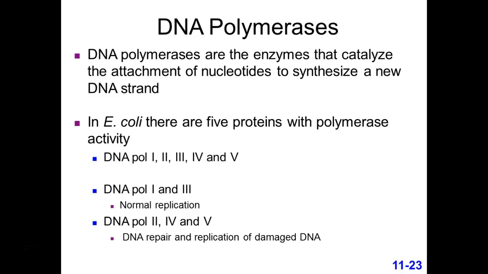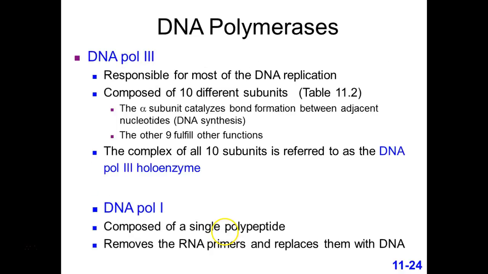So there are actually 5 different polymerases they've found in bacteria. 1 and 3, as we know, are involved in the normal replication that we just talked about. When cells have been damaged and are going through DNA repair, the other polymerases, 2, 4, and 5, come into play under those circumstances, in trying to replicate the DNA or repair the damaged DNA.